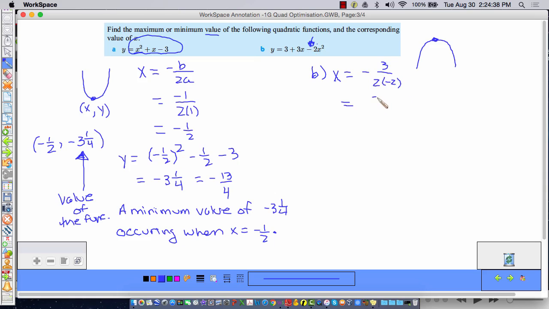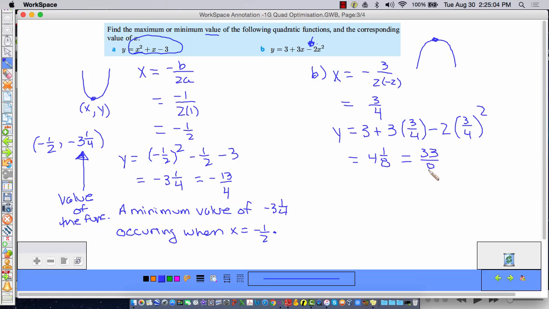So that's going to be equal to 3 over 4. So y is going to equal 3 plus 3 times 3 over 4 minus 2 times 3 over 4, the quantity squared. That would be 9/16. And I will tell you without wasting time that that is equal to 4 1/8 or 33 over 8.